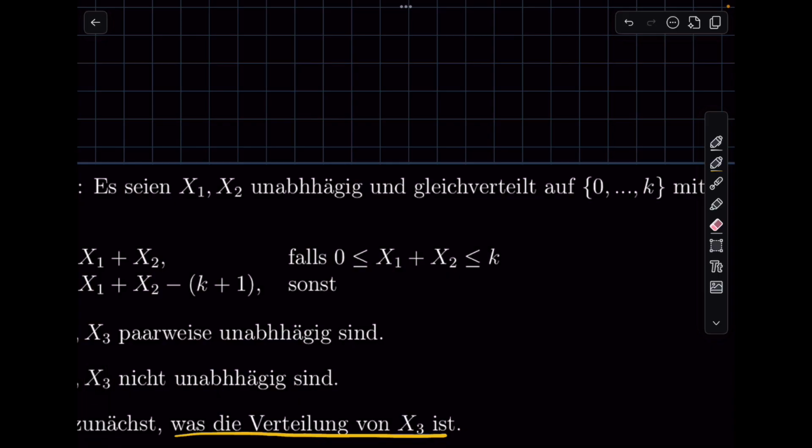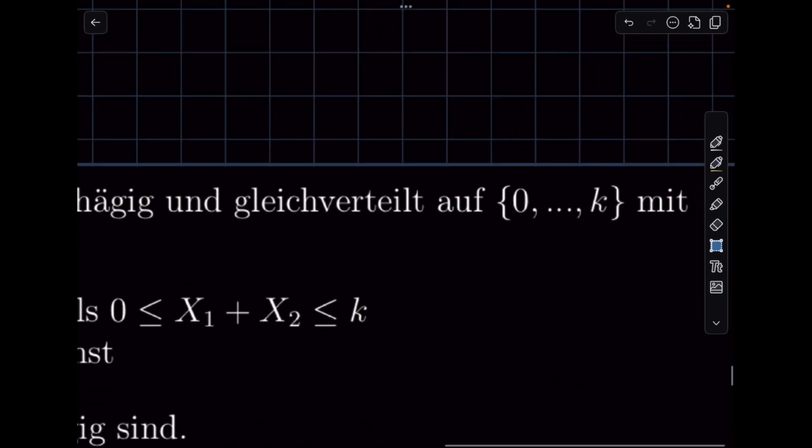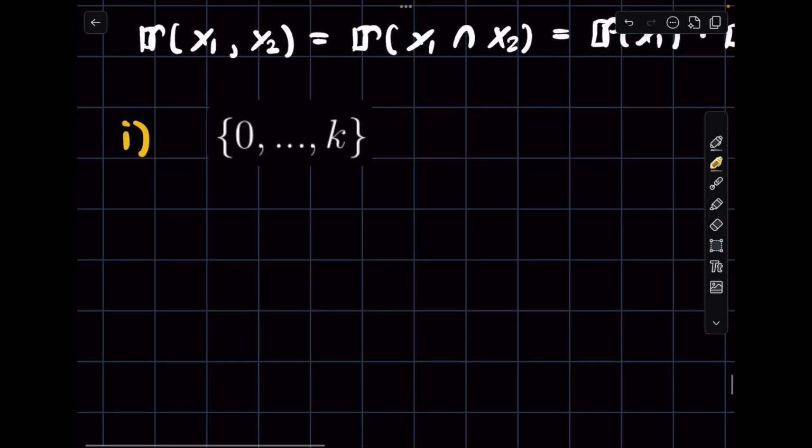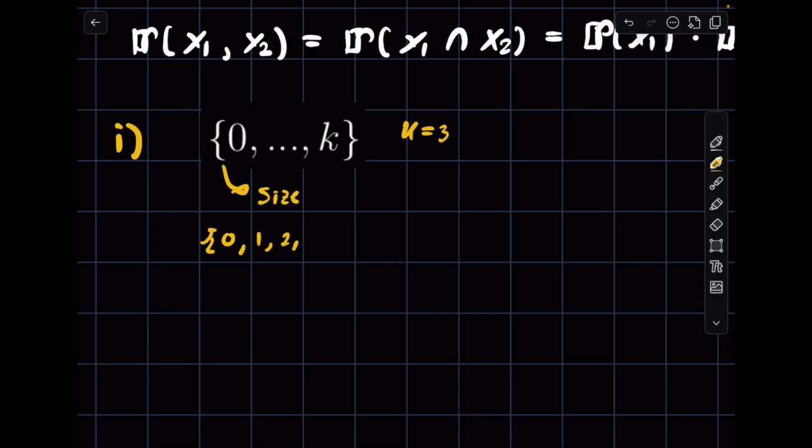What does 0 to k mean in this case? Let's just copy this, so we have it nicely with a nice little image. What's the size of this? Imagine we have, I don't know, from 0 to 3, where k equals 3: 1, 2, 3, 4.